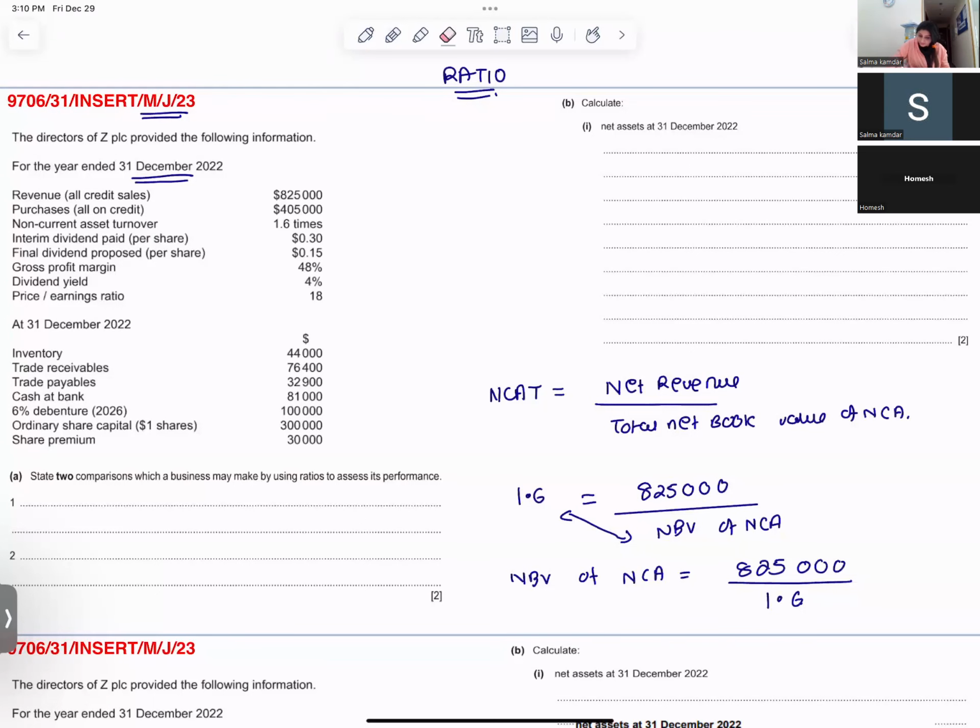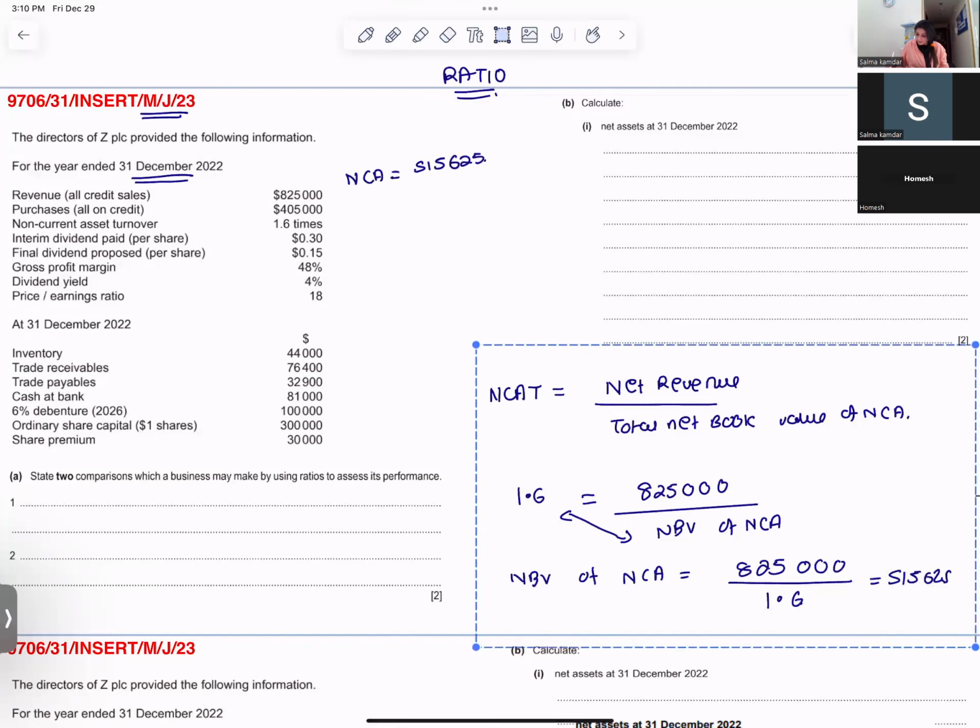So net book value of your non-current assets will become 515,625. So I have my non-current assets as 515,625. Are you with me? Yeah, miss. Now you have interim dividend paid per share. So that is 0.3.